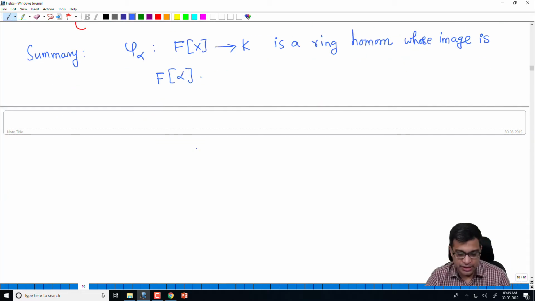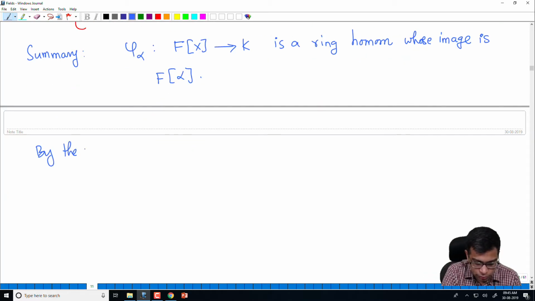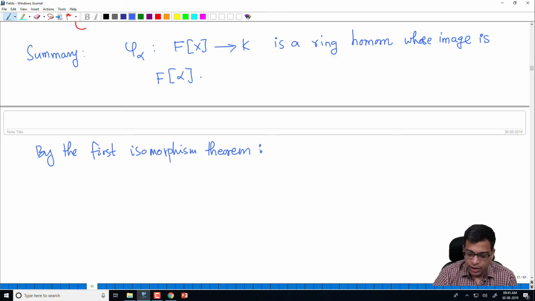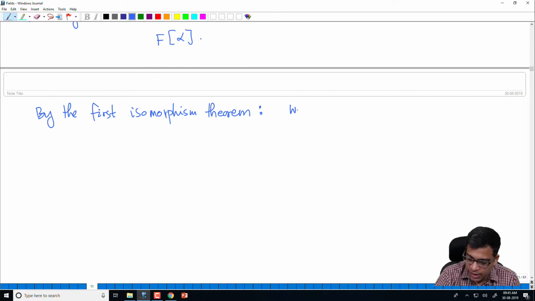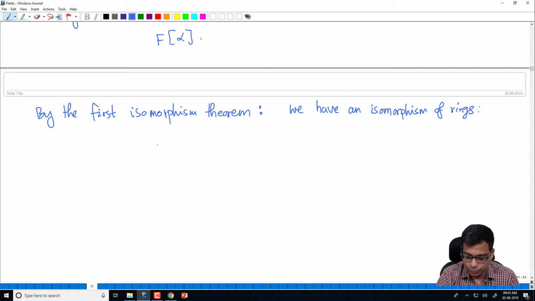So by the first isomorphism theorem, we have an isomorphism of rings, which I will denote also by phi alpha for simplicity, from F[x] modulo the kernel of phi alpha.